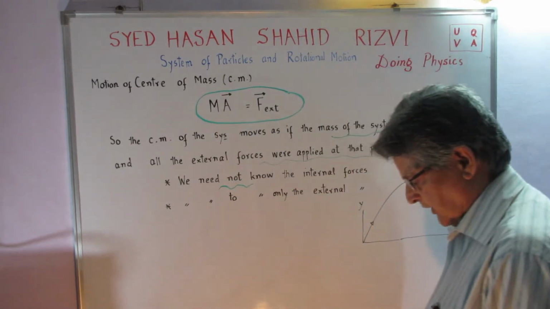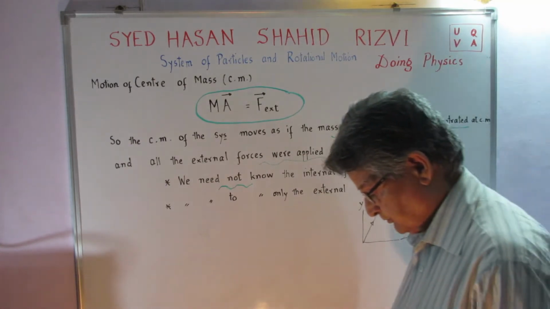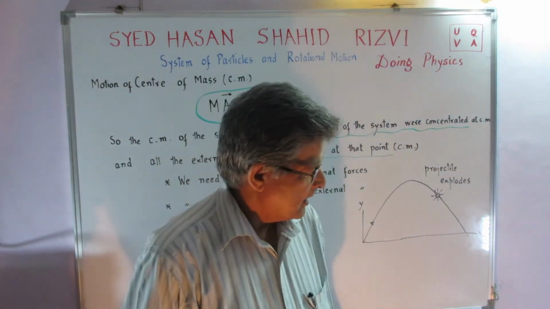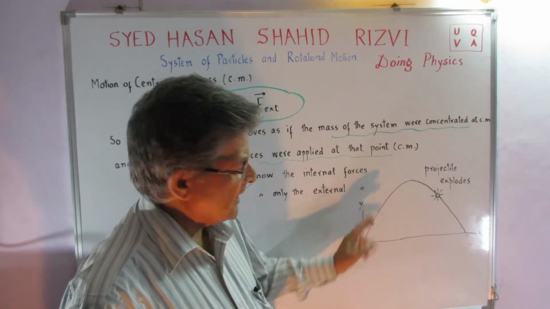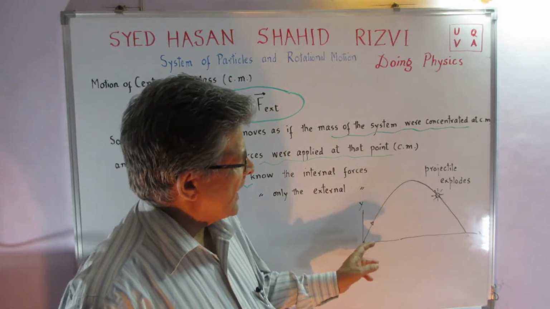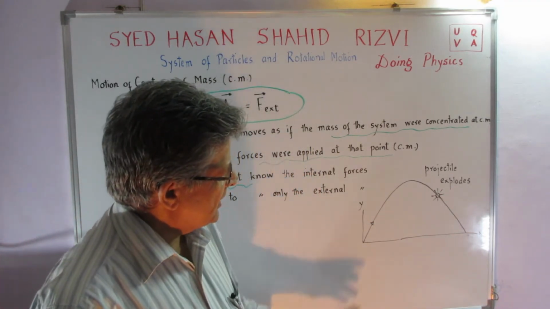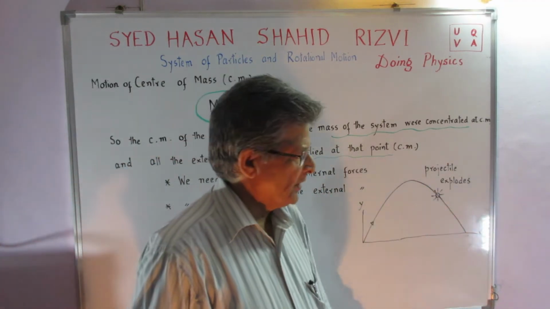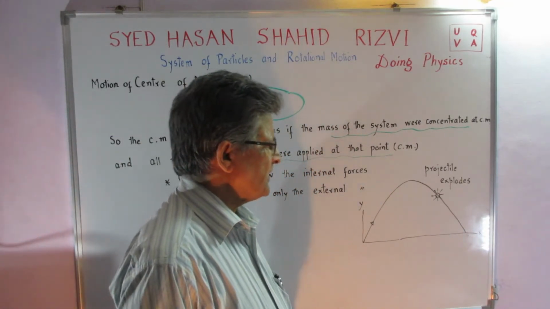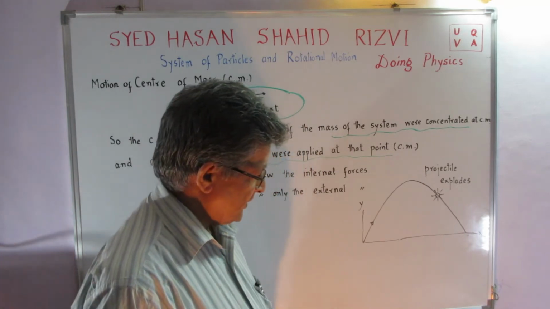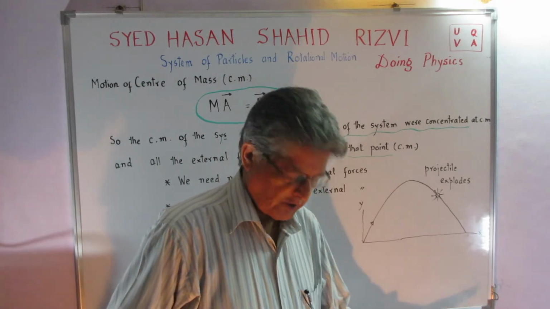Suppose there is a body, and this body is projected at a certain angle, and you know that the track over here, the trace over here, is a parabolic path that this body is going to attain, and at any instant of time during the flight there is an implosion.